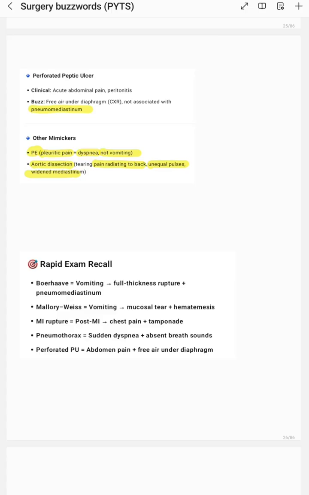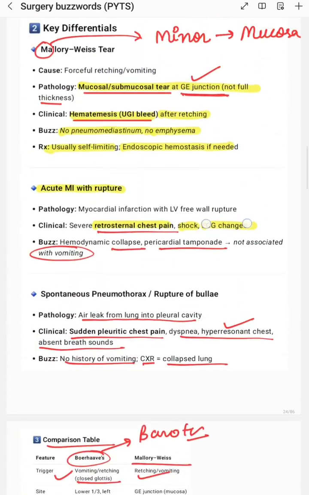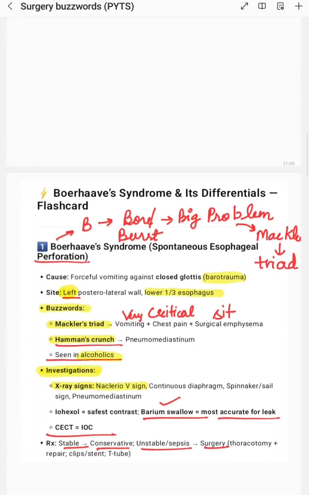In perforated peptic ulcer, the patient's presentation will be acute abdomen, and when you get an X-ray done, you will see air under the diaphragm. So this way we have learned about all the differentials along with this topic of Boerhaave syndrome.